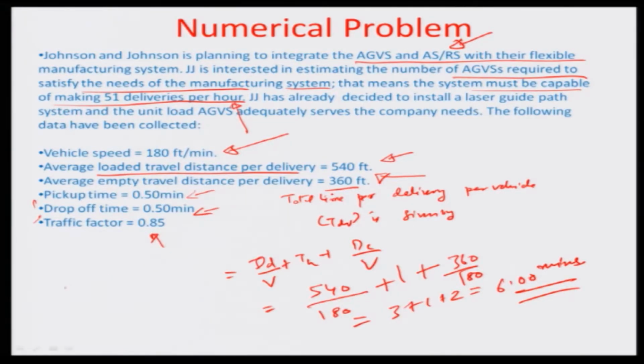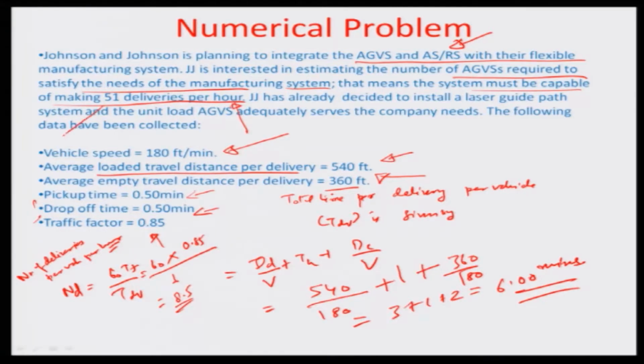The number of deliveries per vehicle per hour comes out to be 60 times TF divided by TDV, which is 60 times the traffic factor 0.85 divided by 6 in this particular case. So it becomes 8.5 deliveries. This is the delivery frequency per vehicle per hour, and obviously we need 51 deliveries per hour.